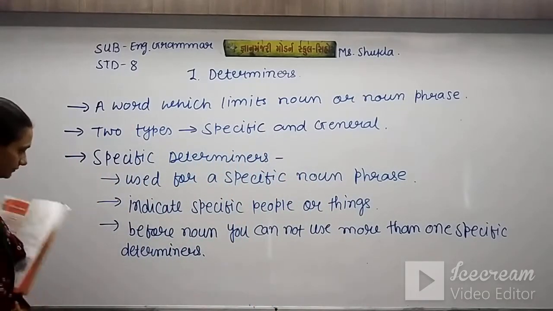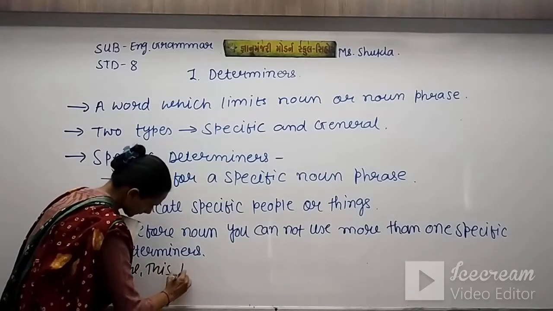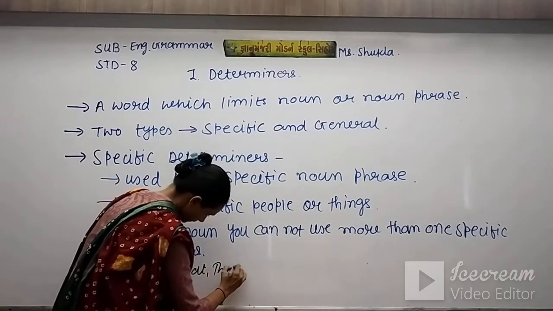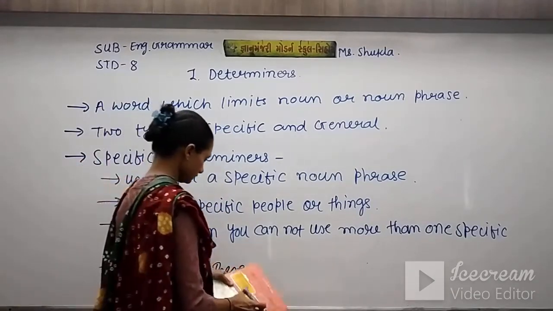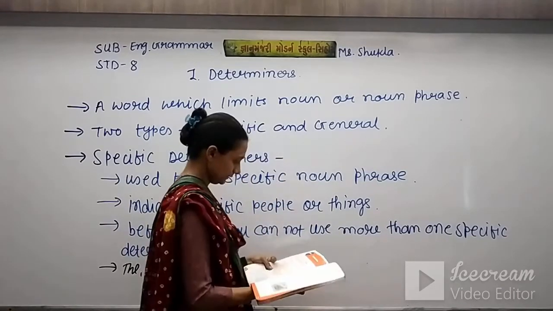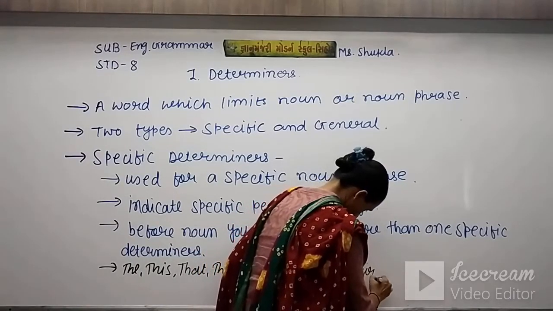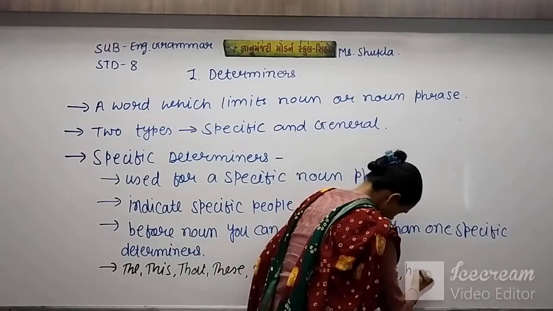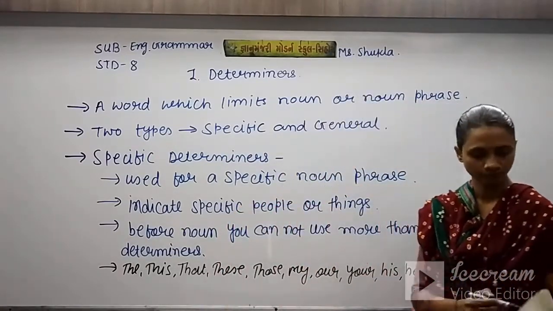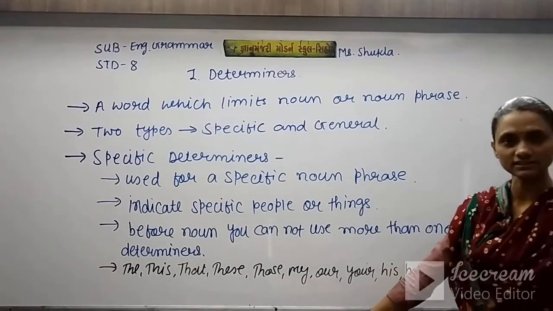These are this, that, these, those, my, our, your, his, her, and many more. So these are examples of specific determiners. Please note this down. After that I'll give you sentences of this.